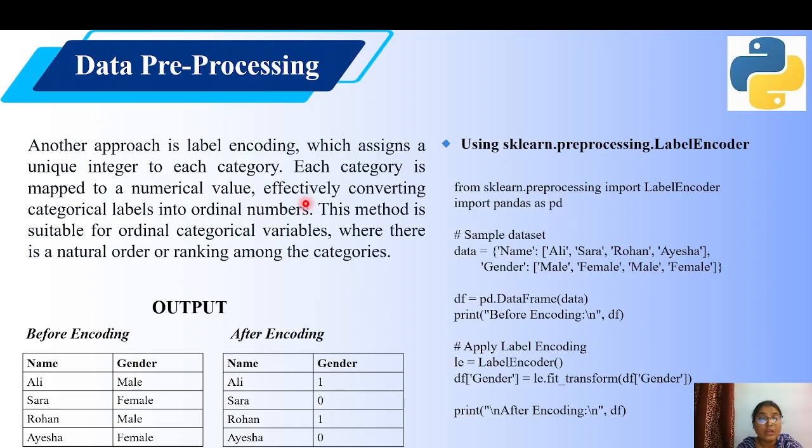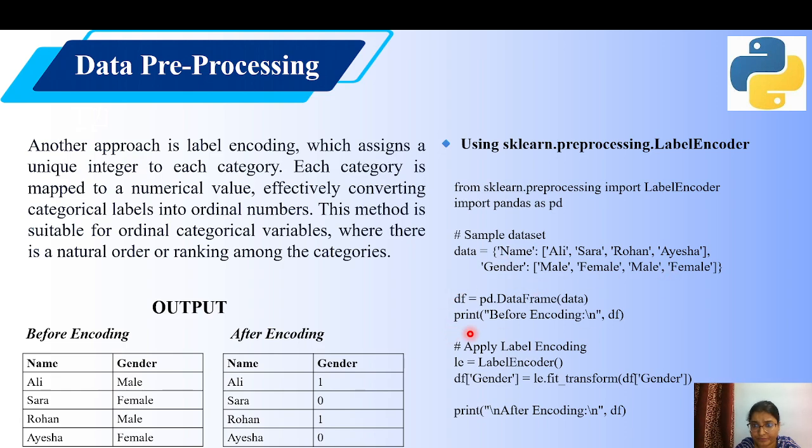Another approach is label encoding. You can see here, first we import LabelEncoder from sklearn.preprocessing, then import pandas as pd, and we have this small dataset with name and gender.